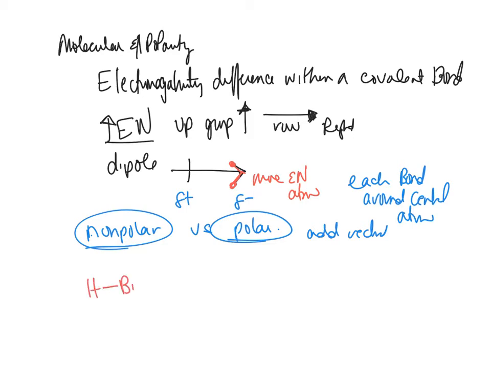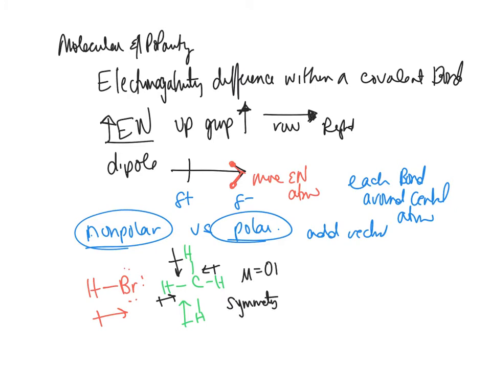So if you draw this, Br is more electronegative than hydrogen, so that bond's going to push towards the Br. CH4, this is tetrahedral, each one of these bonds is going to push towards the carbon, but because they have symmetry here, it's going to cancel out, and that dipole will be 0 D. D stands for debye.